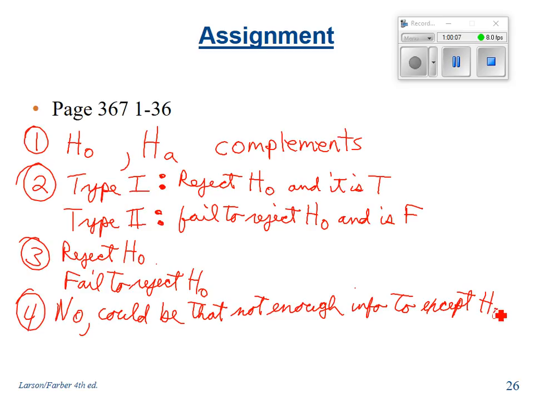So we're not actually rejecting it, we're just saying at this time we don't have enough information to say for sure that it's correct, or to say that it's false if we fail to reject it, I guess is what they ask us. And we'll get into that more next time.